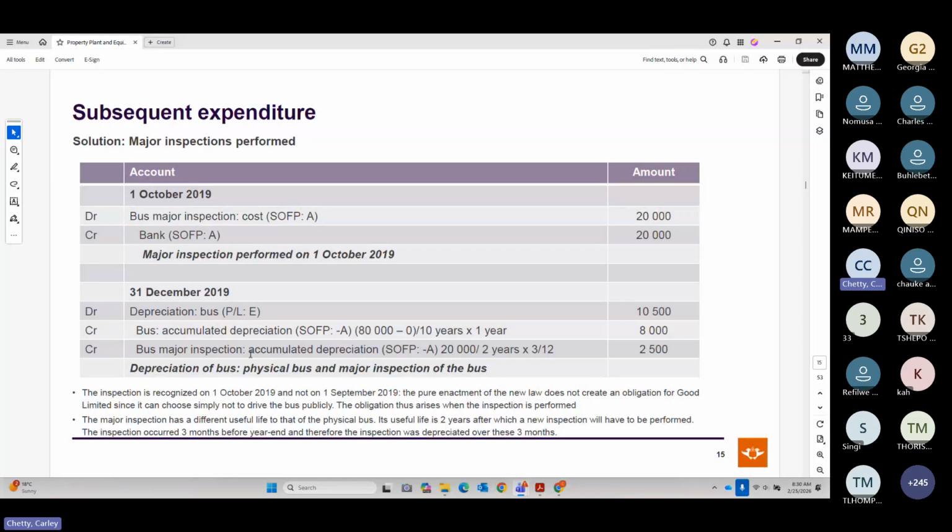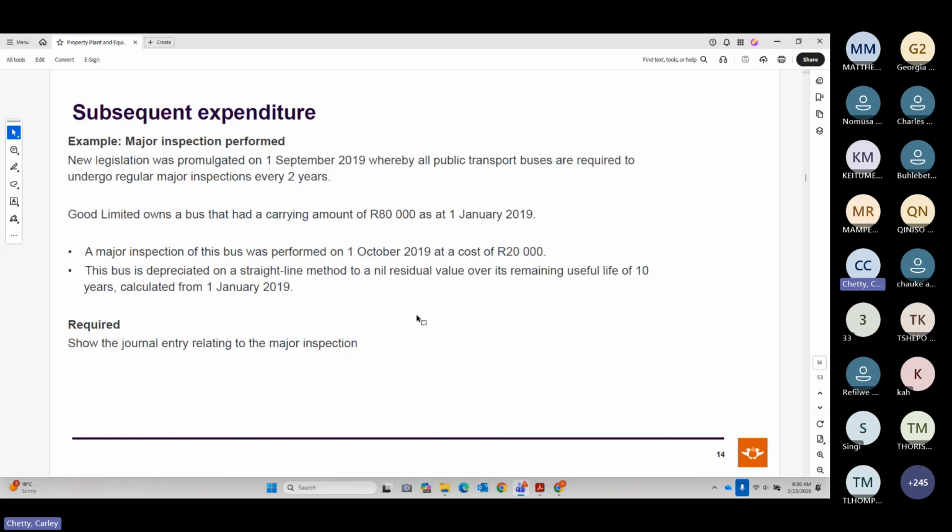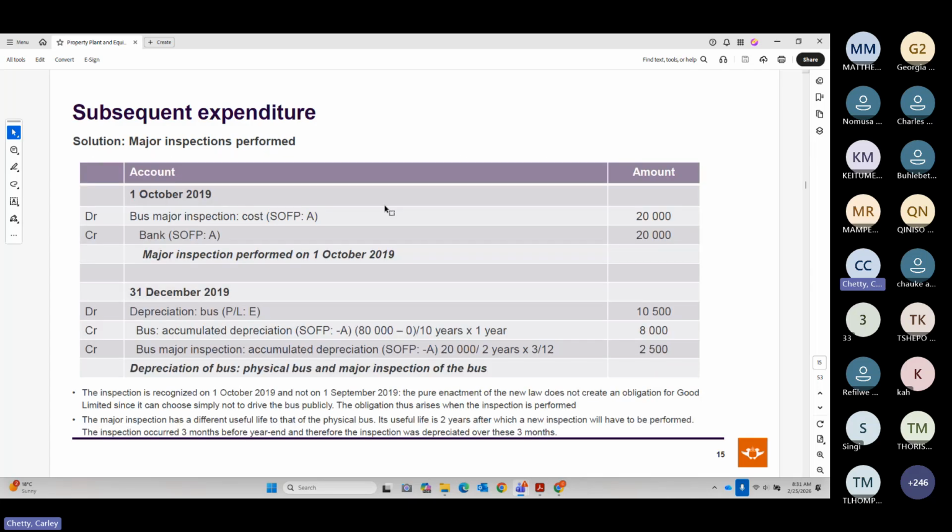Now we also need to depreciate the major inspection. The major inspection cost 20,000 Rand. So that is the value of the asset we are going to depreciate. And the inspection is required to be done every 2 years. So we are going to take 20,000 Rand divided by 2 years. And remember, the inspection was only done on 1 October 2019. So we're going to count October, November, December. That is for 3 months. So we're going to multiply by 3 over 12.